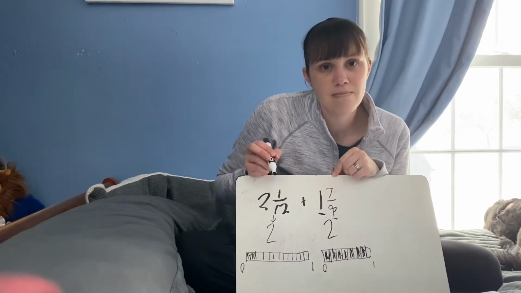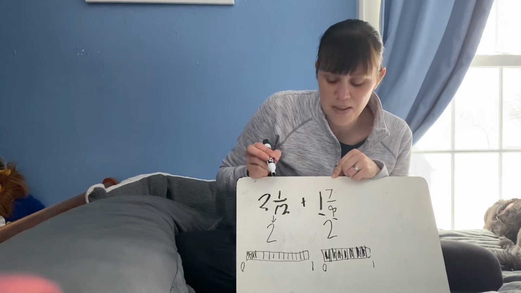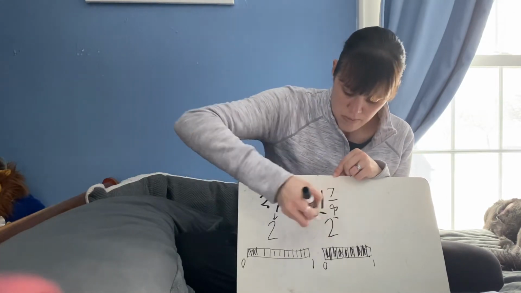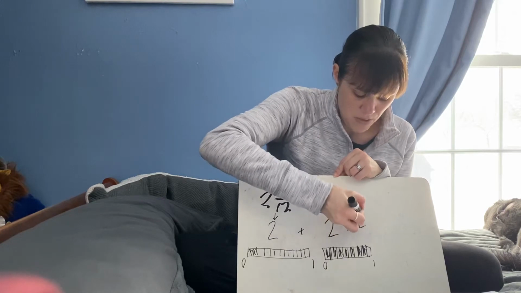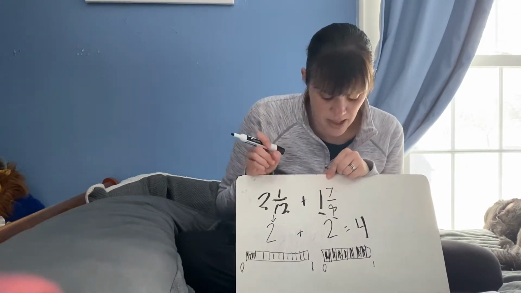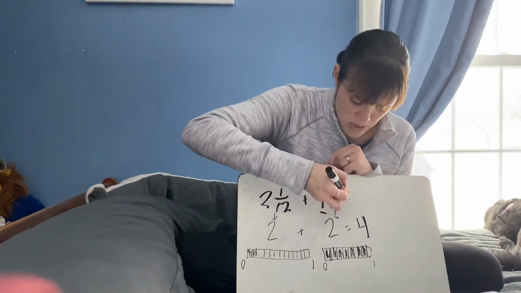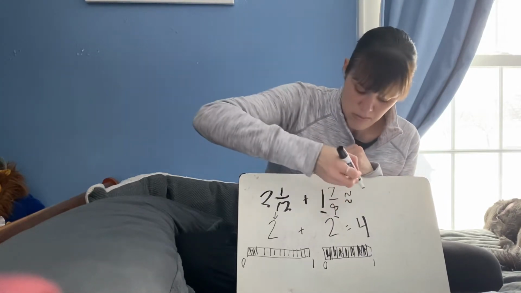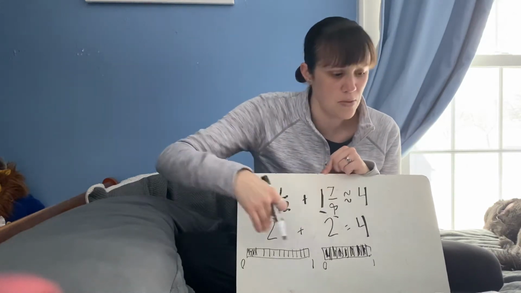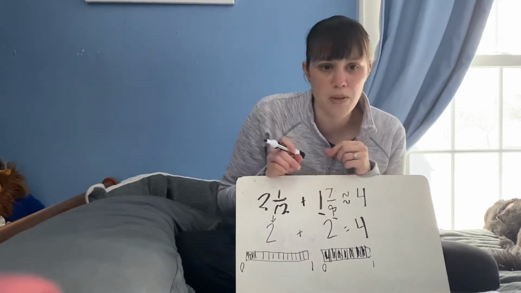Remember rounding? Yeah, we gotta remember that again. So we're really saying 2 plus 2 is 4. So 2 1/12 plus 1 7/8 is about 4. And look, I did explain it with my pictures here.